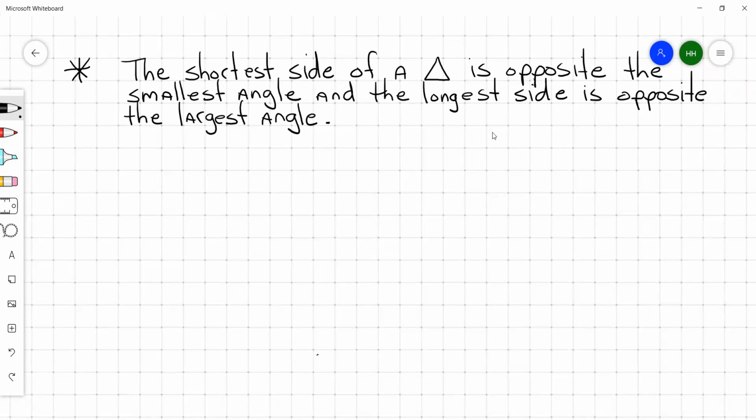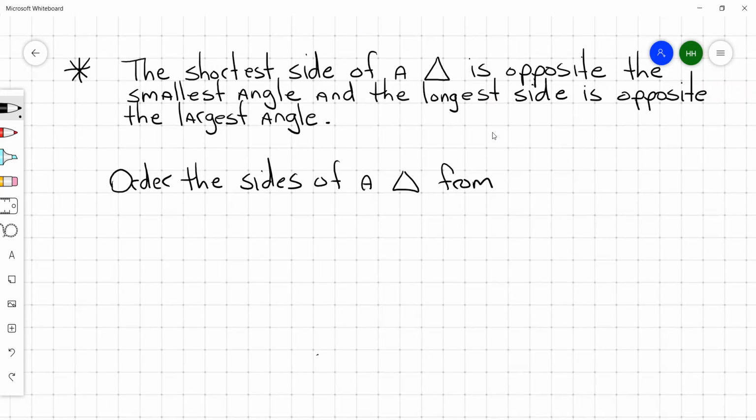So if you're asked to order the sides of the triangle, pay attention to what or how they ask you to order them.